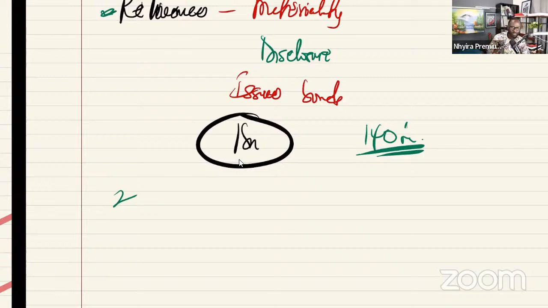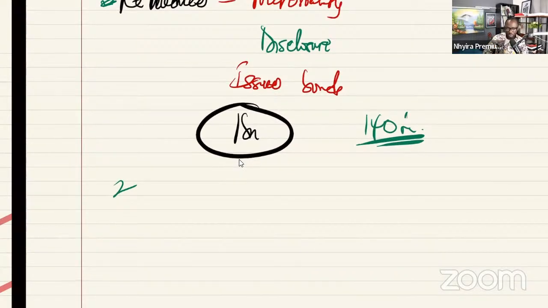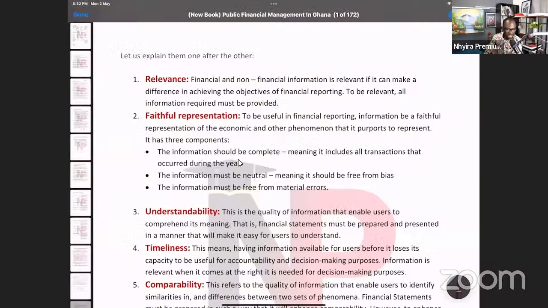So what does that mean? It means faithful representation has 3 components. Number 1, that the information is complete, meaning all the transactions that occurred during the year have been recorded. 2, that the information is neutral. In other words, it is free from bias.